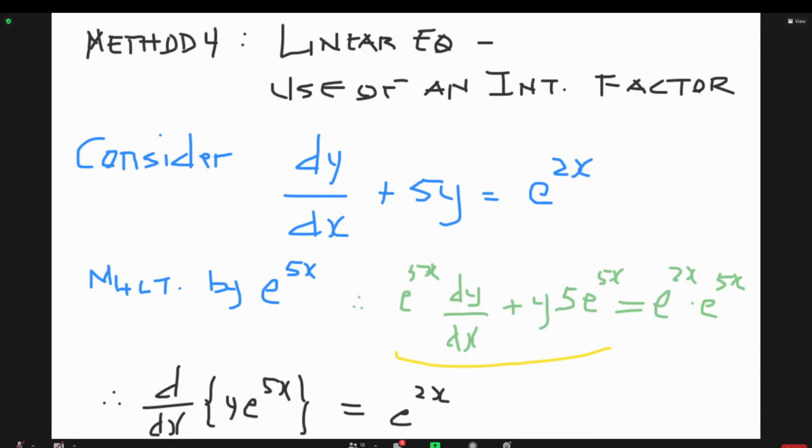All right. So from that, therefore, y e to the 5x is equal to the integral of e to the 7x dx.